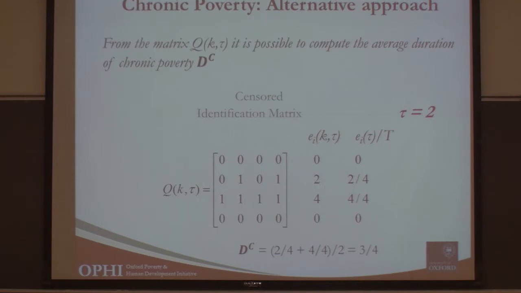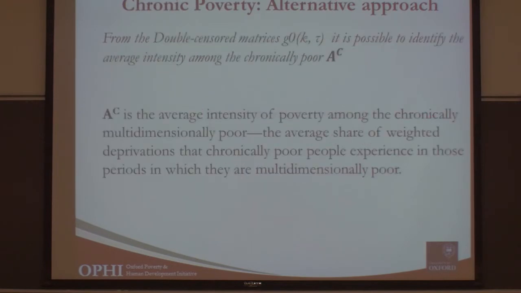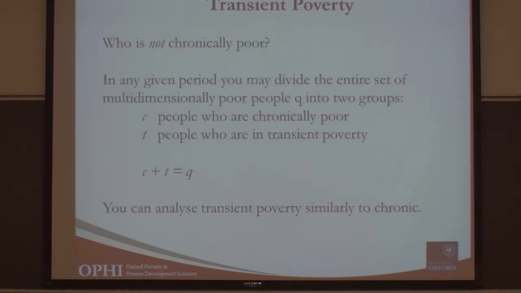So A, as before, you compute off the doubly censored deprivation matrix, but D you compute off the identification matrix. Now people might say, that's quite interesting, but some people are multidimensionally poor who are not chronically poor.